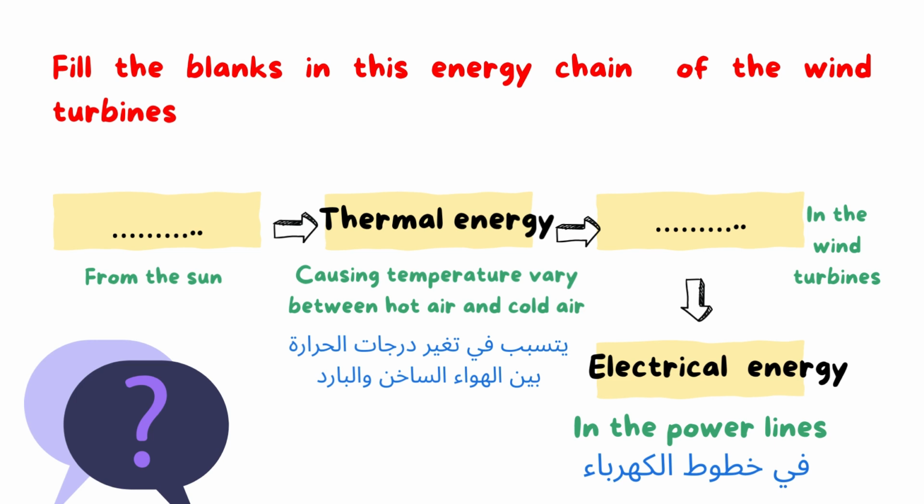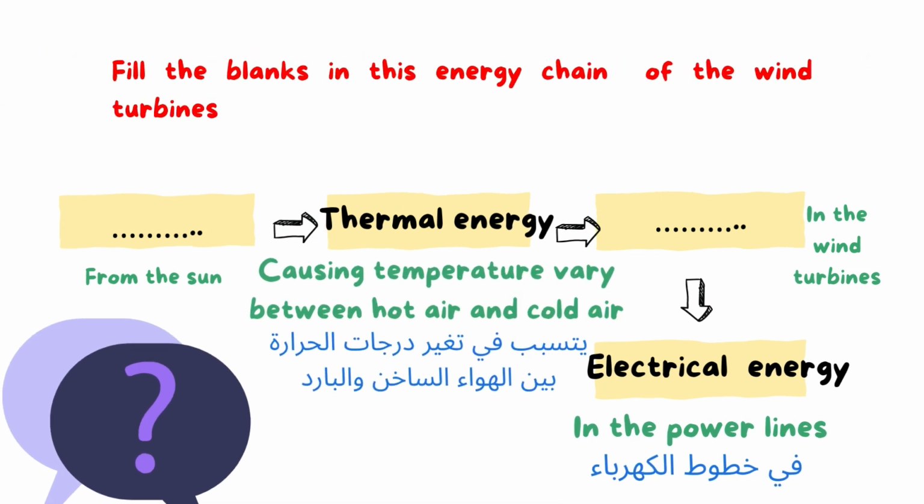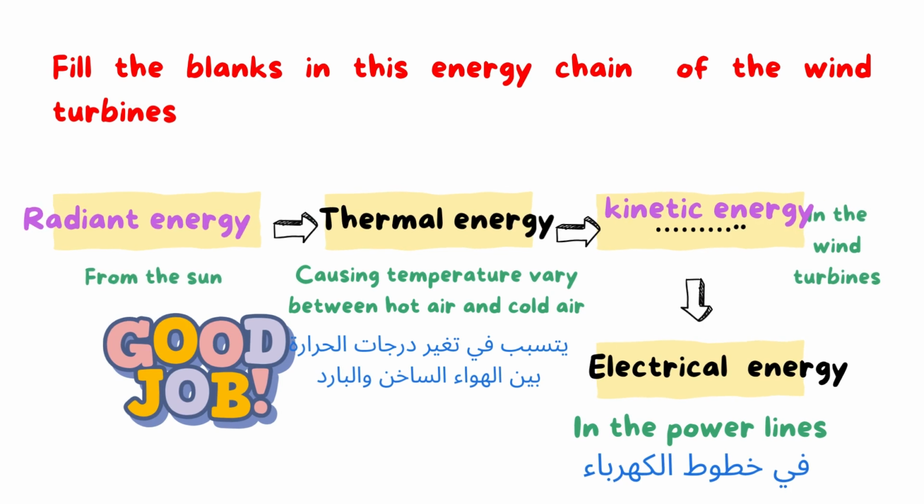Yes, the wind movement. Okay, let us complete our chain. The thermal energy is converted to another form of energy in the wind turbine, and then this energy is converted into electrical energy in the power lines. We can answer this: the energy from the sun is called what?